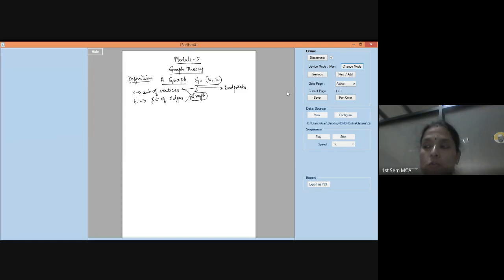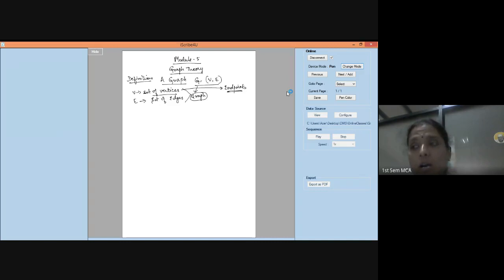So what is a graph? It consists of a non-empty set of vertices, which you also call nodes, and a set of edges. Each edge will have either one or two vertices, which are also called endpoints. Let us take a simple graph example, for instance a computer network.